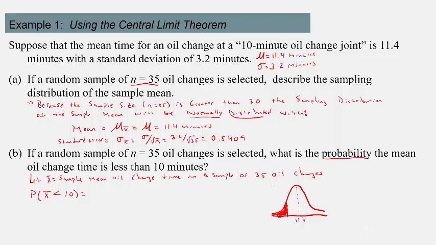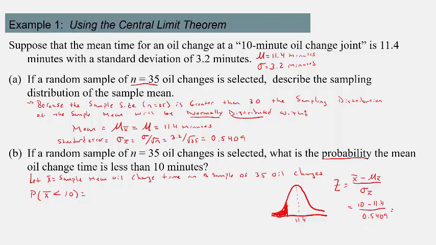The next thing you would do is calculate a z-score. A z-score here would be your variable, x bar, minus the mean, mu sub x bar, divided by the standard deviation, sigma sub x bar. So in this case, it's going to be 10 minus 11.4 divided by this value that I got right here, which is 0.5409.